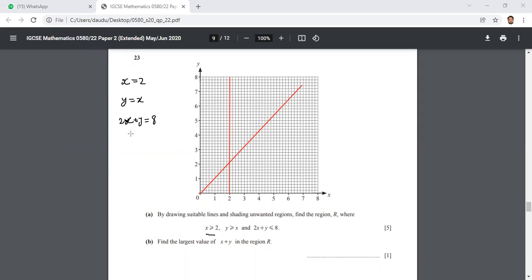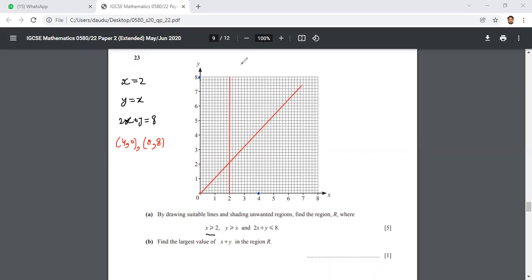Next, what do we put as the value of x to get 8? If I say my value of x is 4, then y must be 0. So in this way, you can get two values. For example, when x is 4, y must be 0. And when x is 0, y must be 8. So if I check, these 2 points are 4, 0 here on the line and 0, 8 here.